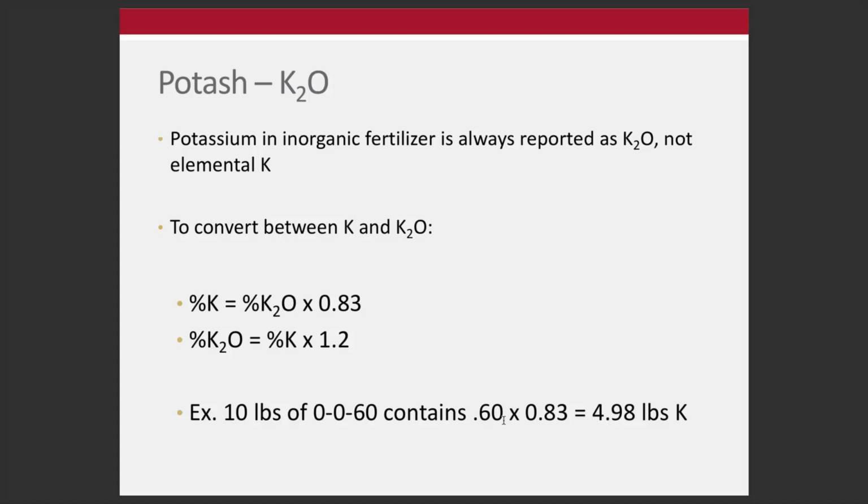If we wanted to go to elemental K, we'd multiply that by 0.83, and we get essentially 5 pounds of elemental K. So in other words, 0-0-60, which is really the most common potassium fertilizer, is roughly, for every 1 pound, a half a pound of elemental potassium.